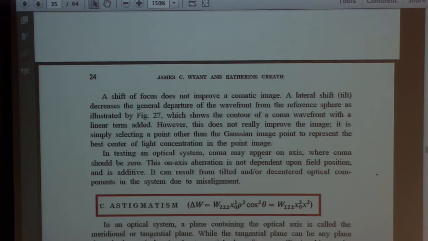And so in real life you might see coma on axis. The other thing here, it's kind of interesting, remember coma was proportional to the field angle. So if I change the sign of the angle of the field, I change the sign of coma. And so later we're going to see that maybe we can make use of that to cancel out coma.